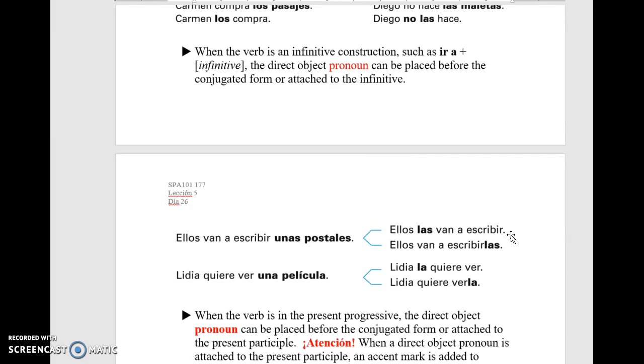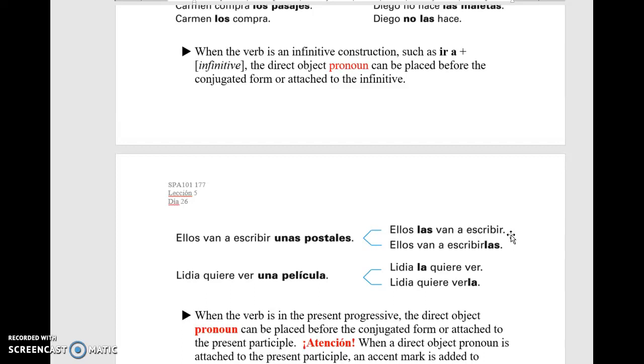Lidia quiere ver una película. So here I have quiere with ver, so I have two verbs, one conjugated, one not. So it can lead the verbs, Lidia la quiere ver, or Lidia quiere verla. And I just want you to be aware of both constructions, because it changes over time as to which people prefer to use. And I just want you to know what they are.